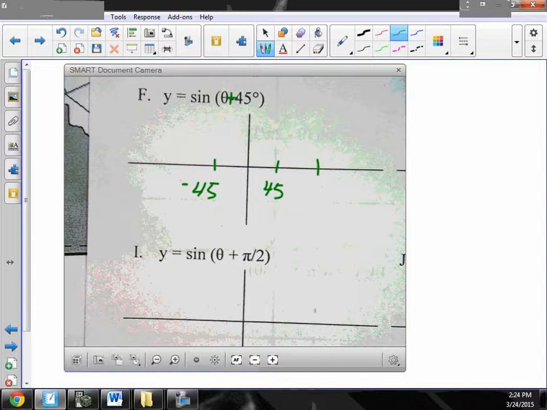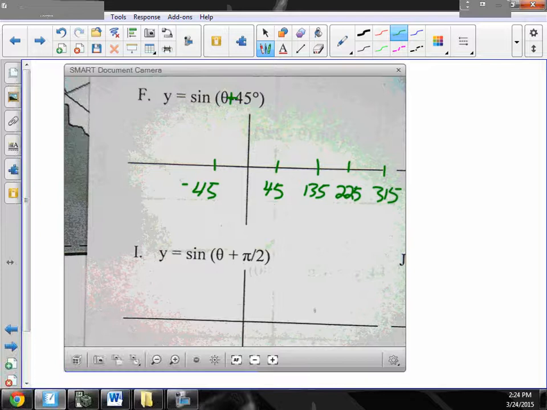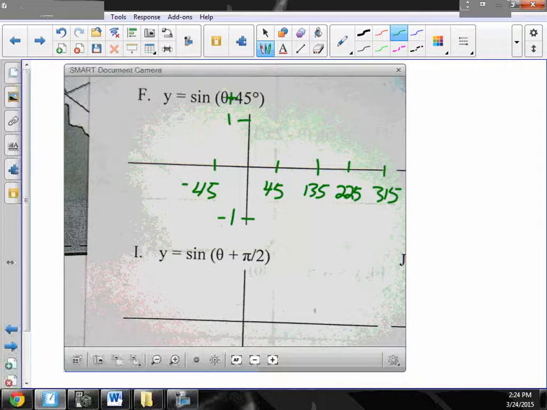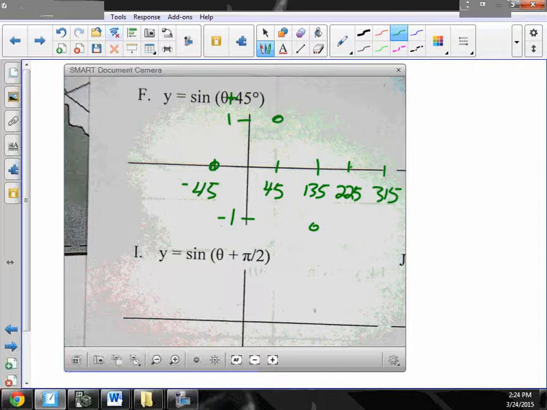And then 135, 225, 315. And this is a sine graph bounded by 1 and -1. Middle, top, middle, bottom, middle. There we go.